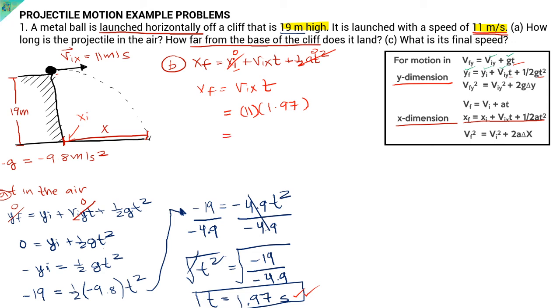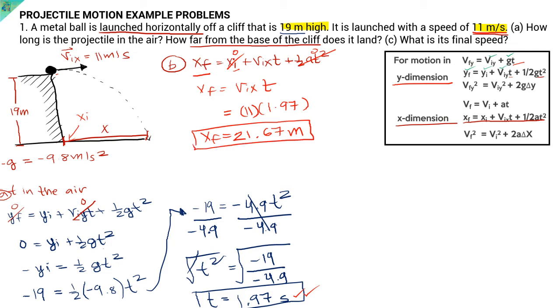You can also compute on your own. Okay, so that's 21.67. We are searching for final position, and position is in meters. So our xf here is 21.67 meters for question letter B.